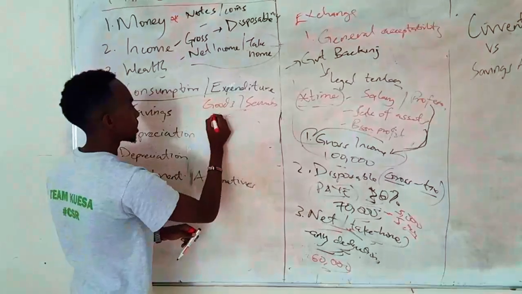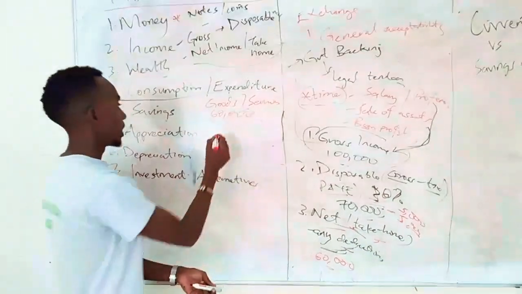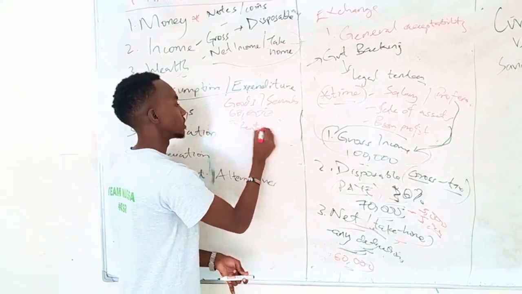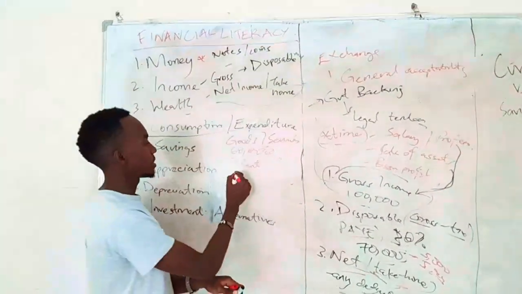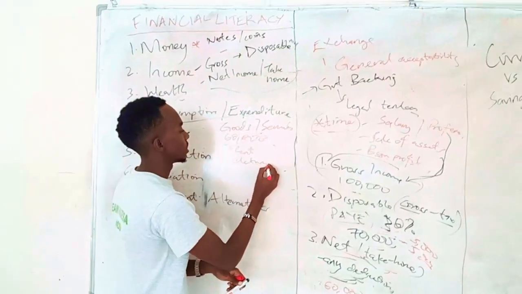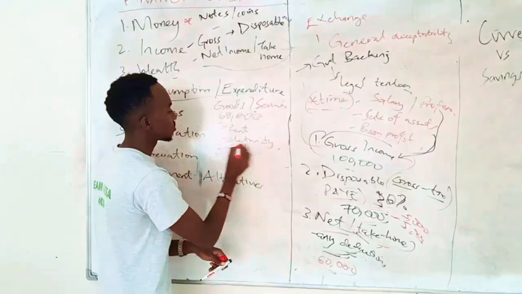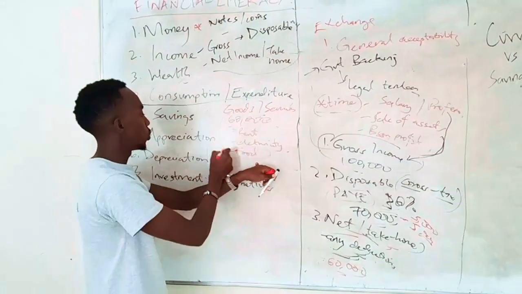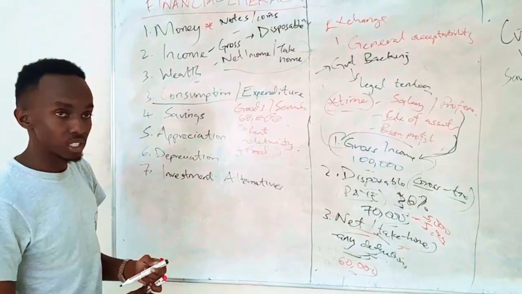So this 60,000 is what I'll start consuming. Let's say I'll pay some rent. This is the purchase of a service, because somebody is giving me housing. I'll pay some electricity, and I'll purchase some food. Now when I purchase a food product, I am purchasing a good. So this is what we call consumption or expenditure.